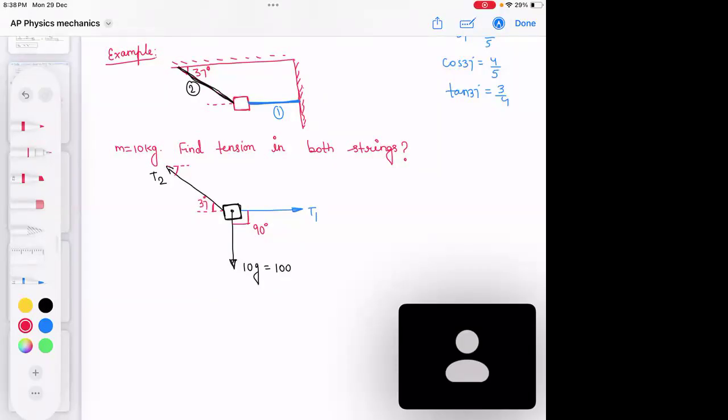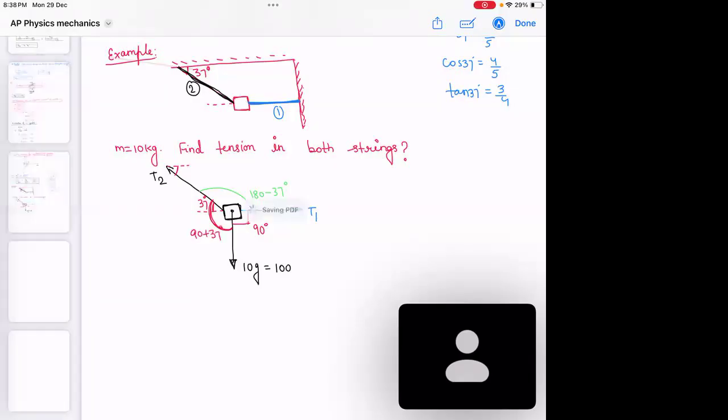So that means we know this total angle is 90 plus 37, isn't it? And this angle is 180 minus 37. Please check all the angles carefully. This angle is 90 plus 37. Green color angle is 180 minus 37.